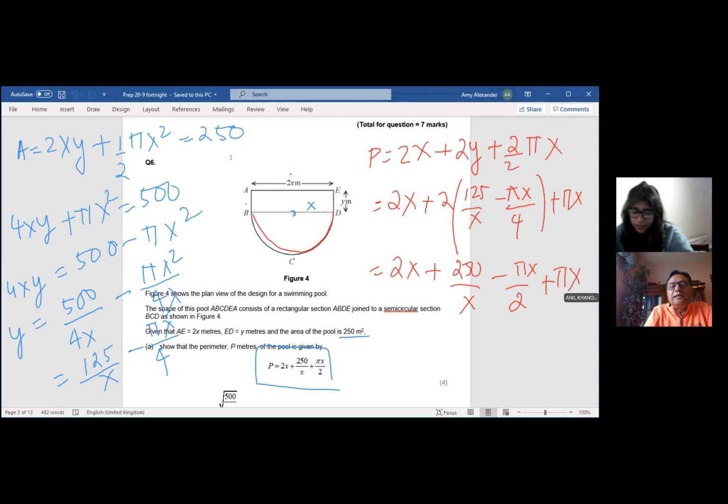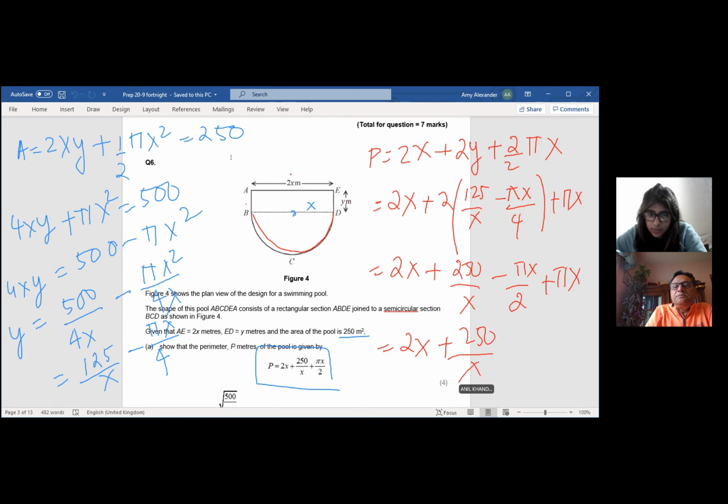So this gets simplified further. We get 2x plus 250 over x plus pi x by 2, correct? Perfect. You get the same expression. So that is how you can find the perimeter.